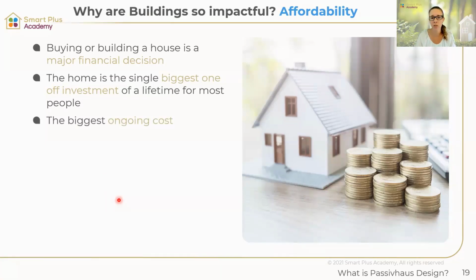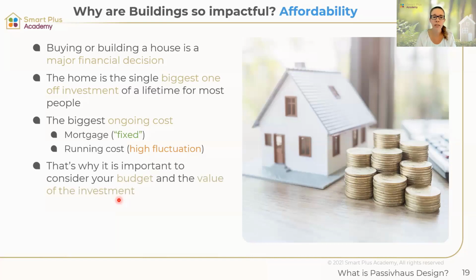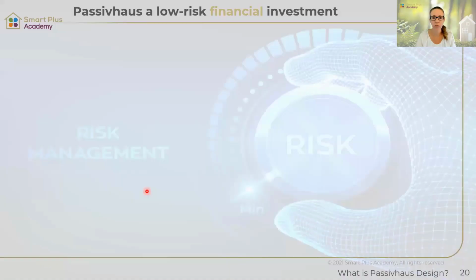It also has the biggest ongoing costs, where we have a mortgage, which is usually fixed, or, well, at the moment interest rates are fluctuating as well. But we also have the running costs with a really high fluctuation, especially now where fuel prices are going through the roof. That's why it's so important to consider the budget and the value of the investment. So what is Passivhaus giving us in terms of affordability?